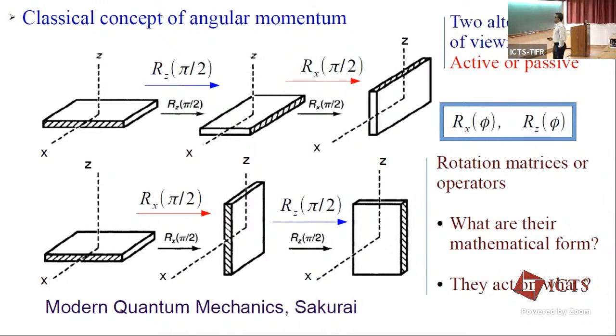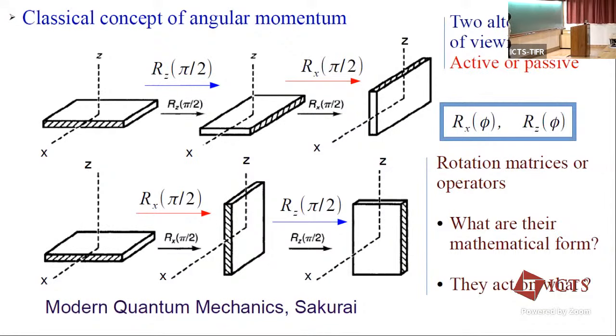And so what is their mathematical form? And what do they act on, in the mathematical formulation of angular momentum? So instead of this rigid body, if I consider a single particle in three-dimensional space, then I can represent this.